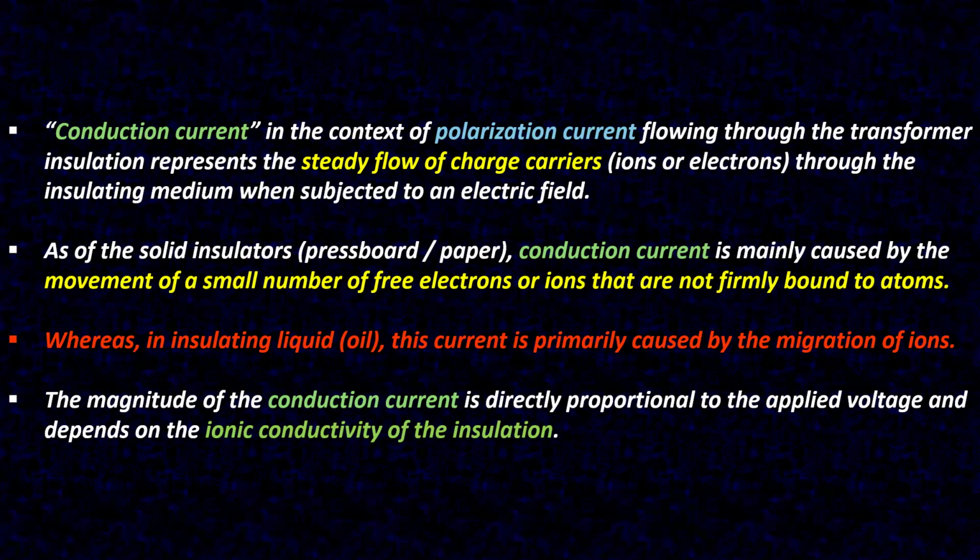In solid insulators, that is pasteboard and paper, conduction current is mainly caused by the movement of a small number of free electrons or ions that are not firmly bound to atoms. Whereas in insulating liquid oil, this current is primarily caused by the migration of ions. The magnitude of the conduction current is directly proportional to the applied voltage and depends on the ionic conductivity of the insulation.